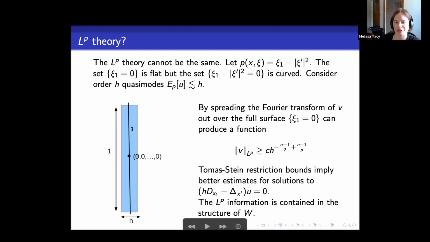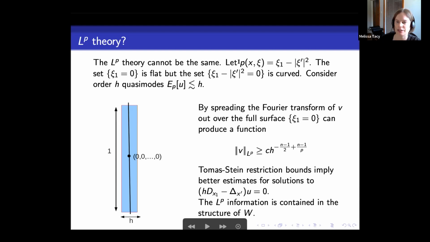I'd better spread the Fourier transform as much as I'm allowed to do so. And in that case, I can find examples where the LP norm grows as h to the minus (n minus 1)/2 plus (n minus 1)/p. So it's L2 normalized, but it has quite sharp growth in the other p values. So p is always greater than 2 in this case.